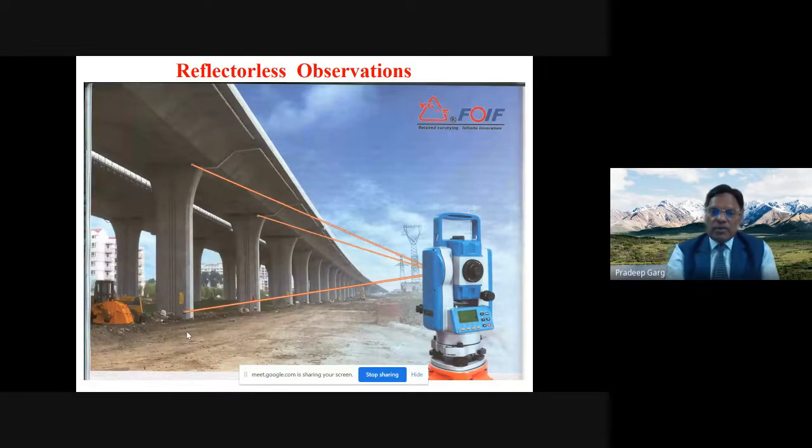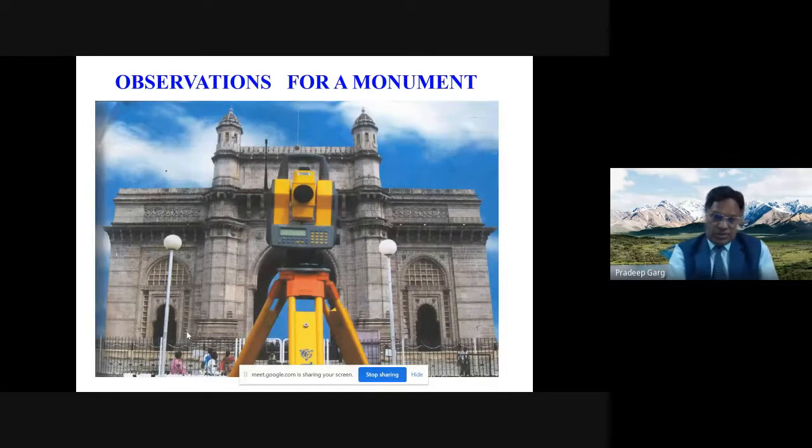From one particular location, you can send the laser beam to several points and cover a very, very large area. Its limit is 500 meters, which is a good limit. Half a kilometer you can actually take the data from one single position.